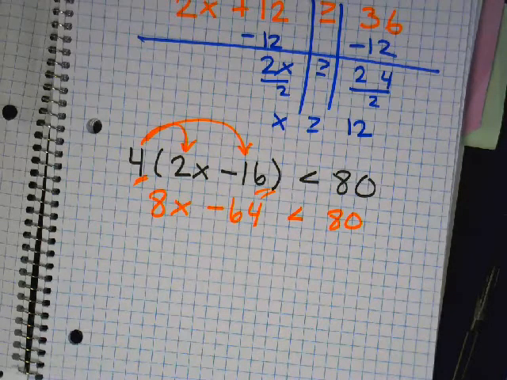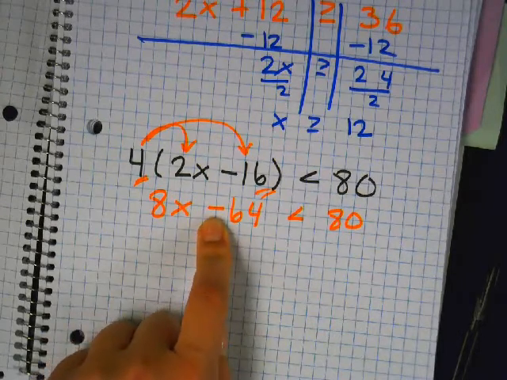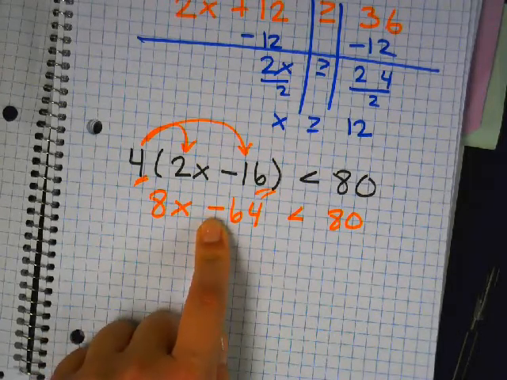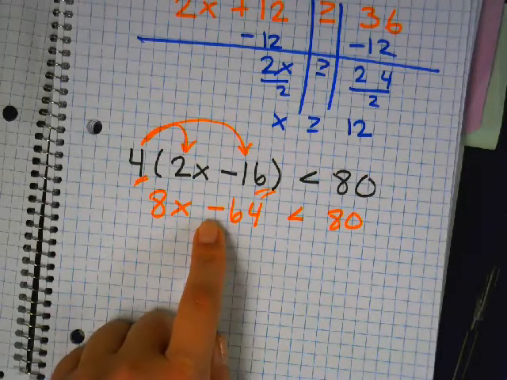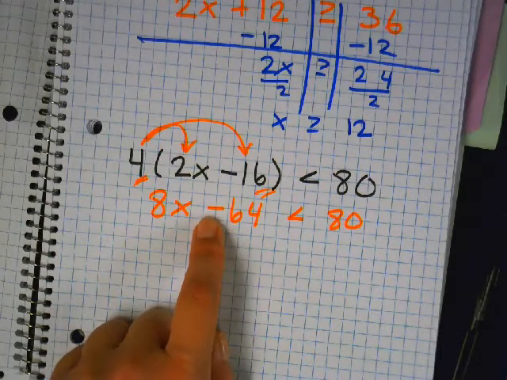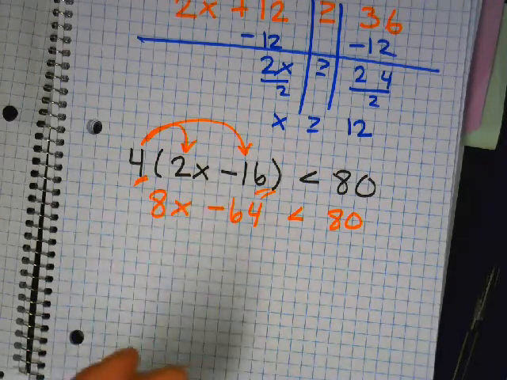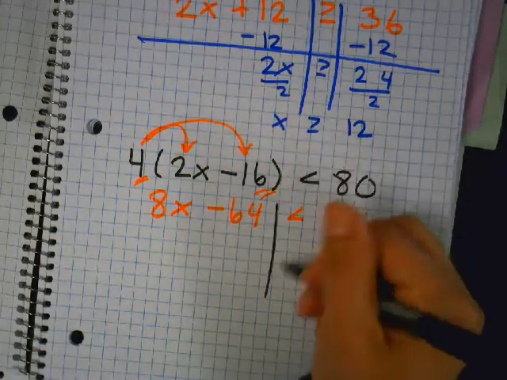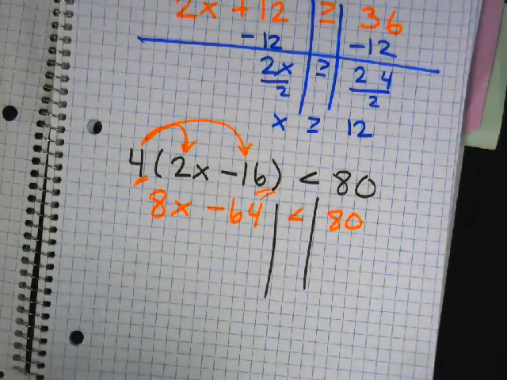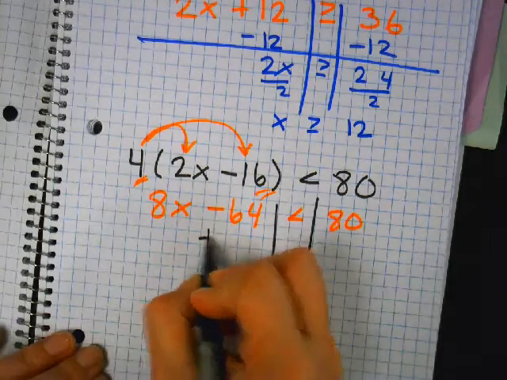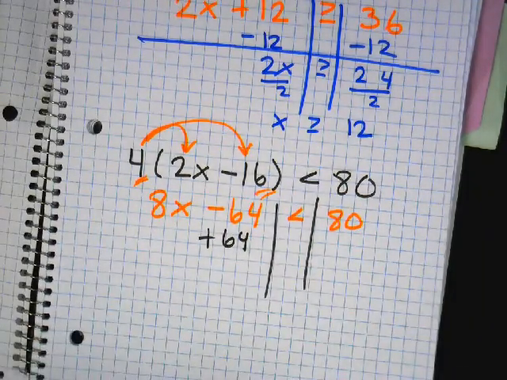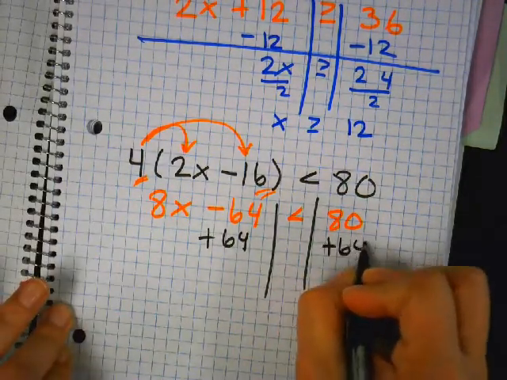Not keep change opposite here. You might have done it correctly, but it's not keep change opposite. I draw my bars. Plus 64, which is not keep change opposite.